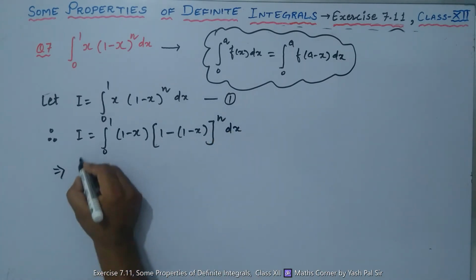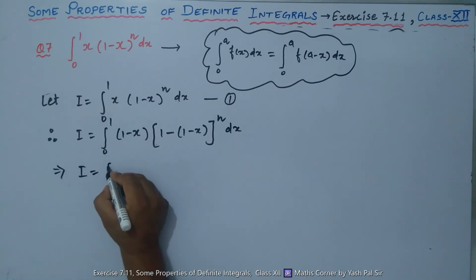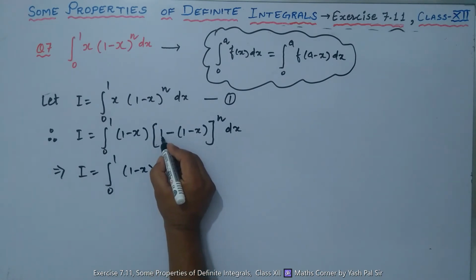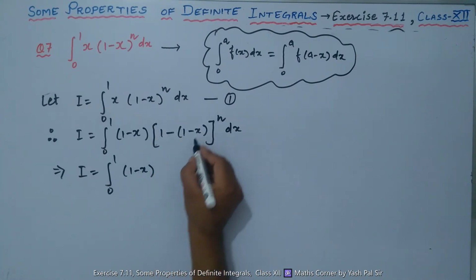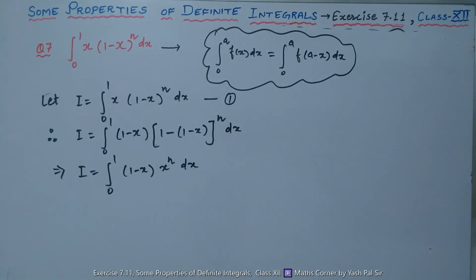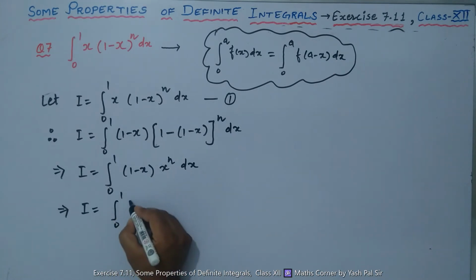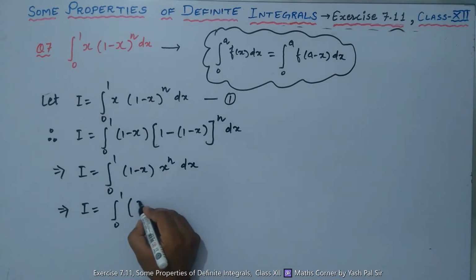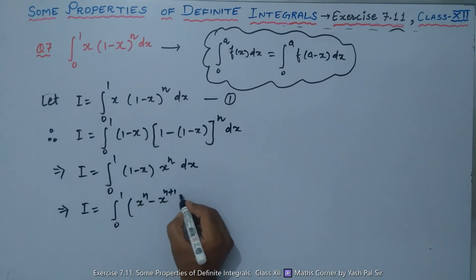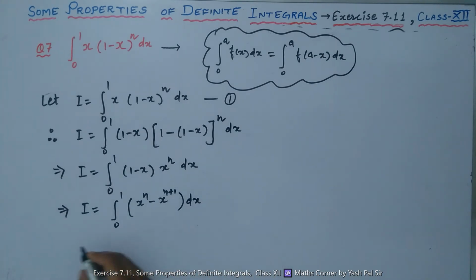So this becomes I is equal to 0 to 1, 1 minus x into 1, 1 cancel, minus minus plus x raised to power n into dx. So this way we can say I is equal to 0 to 1, multiplying this with 1, x power n minus x raised to power n plus 1 into dx. Now we can easily integrate this question.